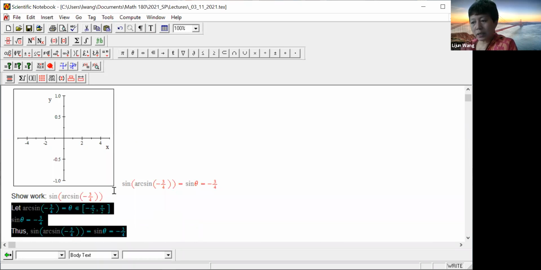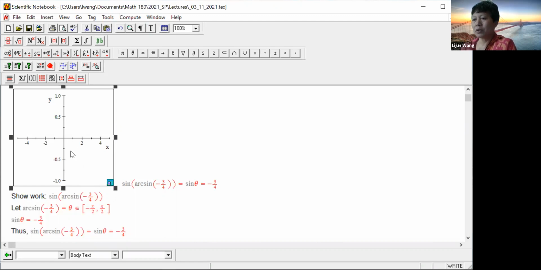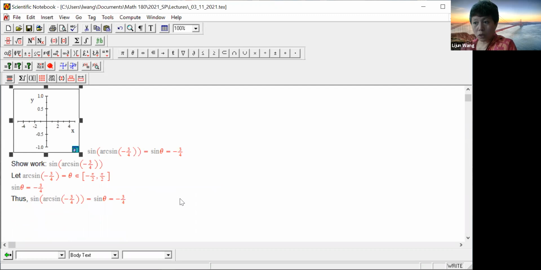When you show work, in this situation it's so simple that you can draw the picture, or you don't have to draw the picture. Drawing the picture will be helpful, but make sure your work is well organized. I cannot say enough how important it is to organize your work.